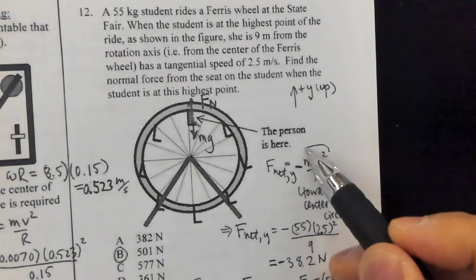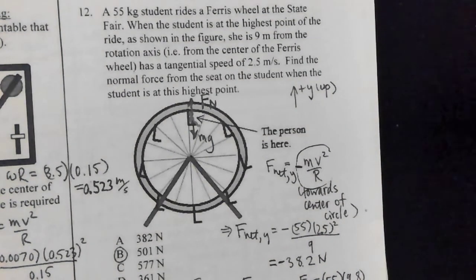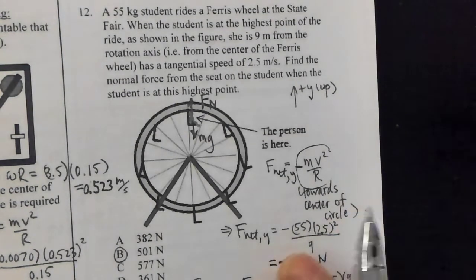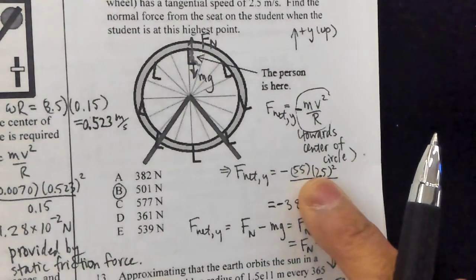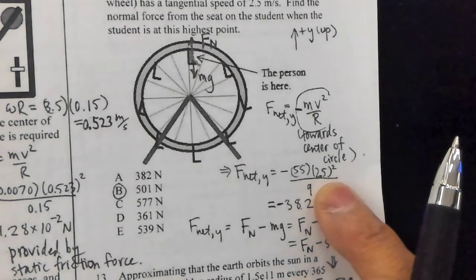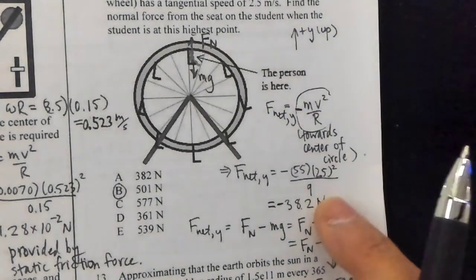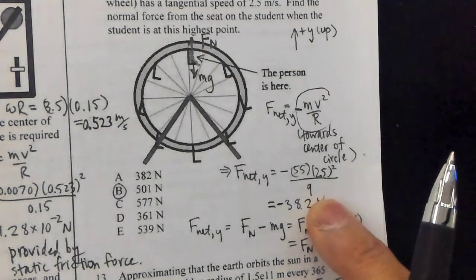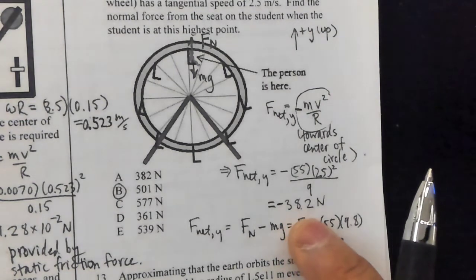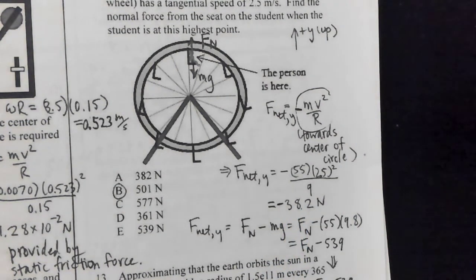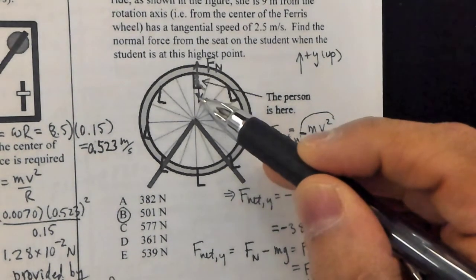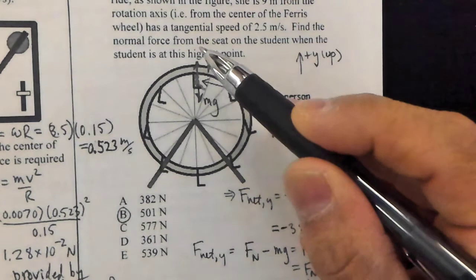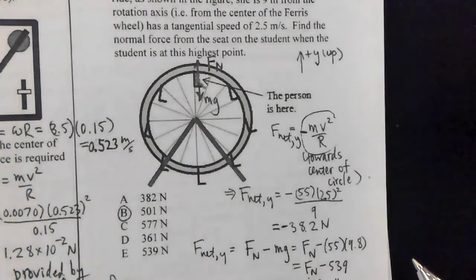Now, the net force is going to be minus mv squared over r. We'll plug in 55 for the mass, and 2.5 for the speed, which we're given, and 9 for the radius, and so we get negative 38.2 newtons. And now we figure out what the forces are. We have gravity going down with mg. Then we have the normal force of the seat pushing her up with Fn.